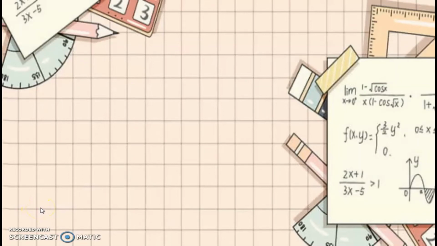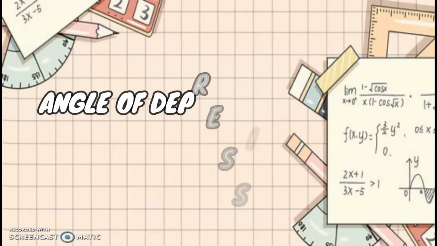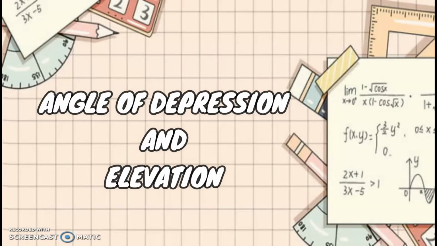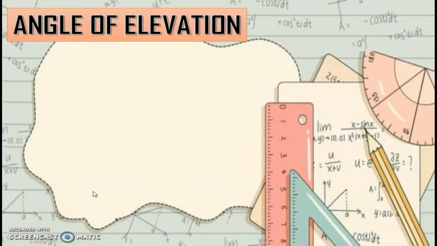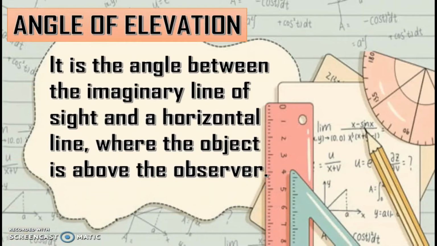For today, you're going to learn about angle of depression and elevation. Angle of elevation is the angle between the imaginary line of sight and the horizontal line where the object is above the observer.